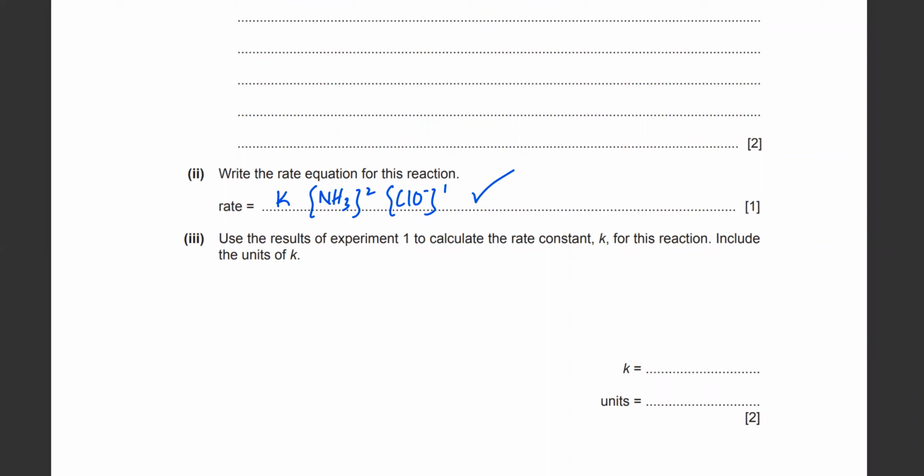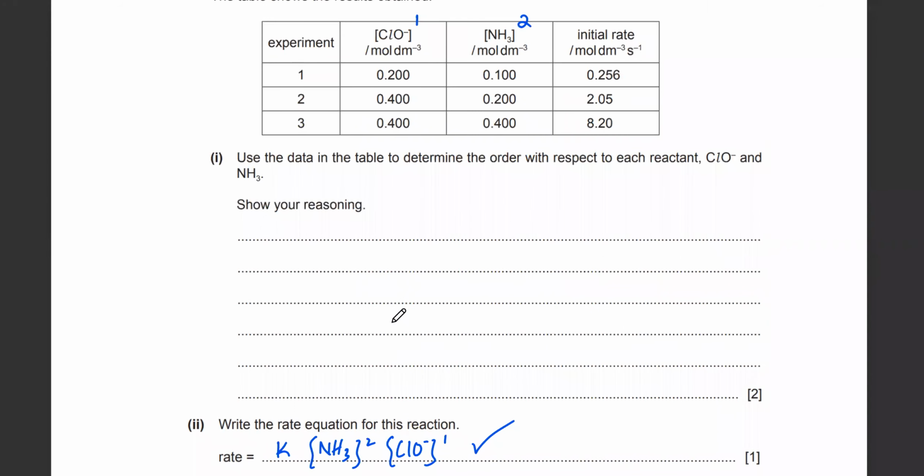The very last thing they were going to ask you is to calculate the rate constant using experiment 1 data. So all you have to do is input the values for experiment number 1. The rate given for experiment 1 is 0.256. k is not known.